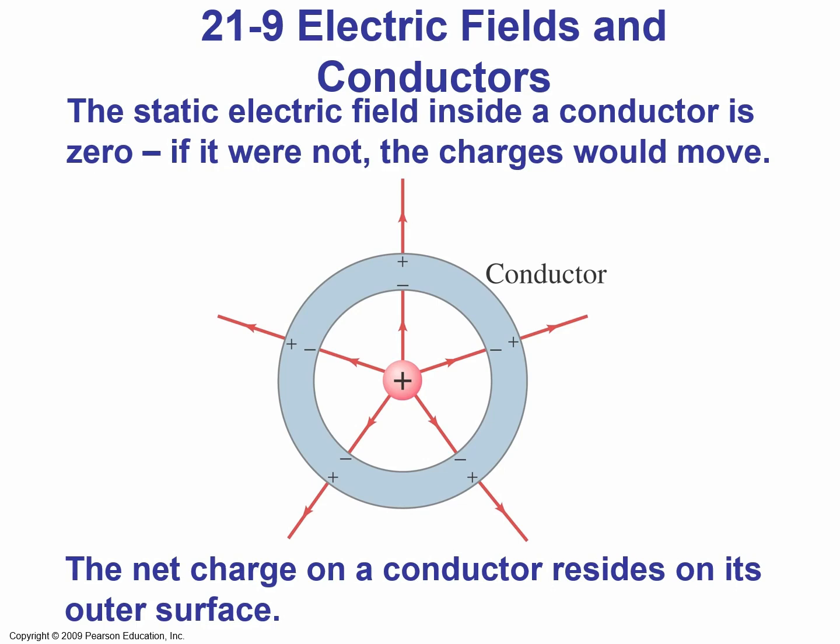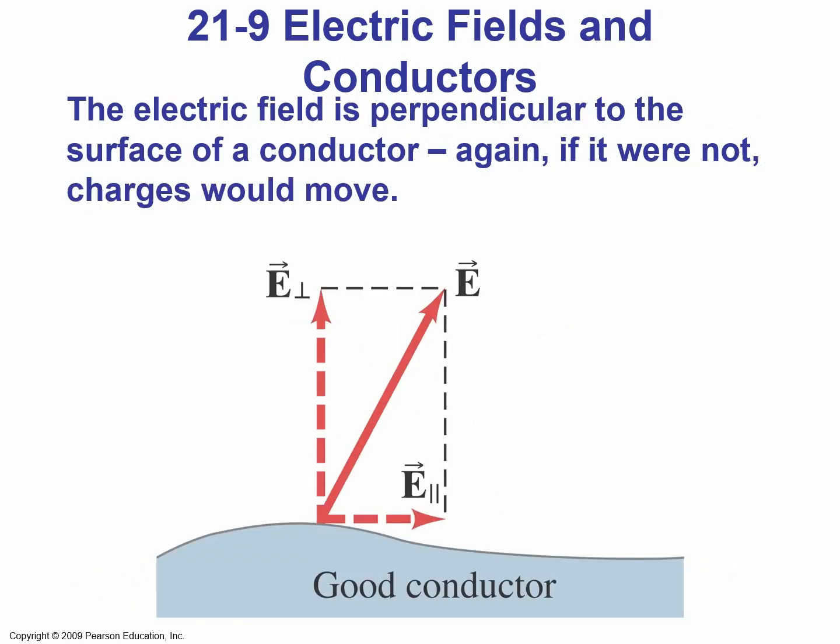If we look at the electric field inside a conductor, there is no electric field, and if we ask what's the charge inside this sphere, there's a negative charge populated inside the sphere, so the net charge is 0, and all the charges are induced on the outer surface of the sphere here. So the electric field is perpendicular to the surface of a conductor, and if it were not, charges would move.